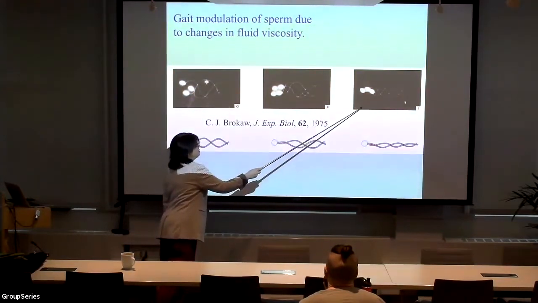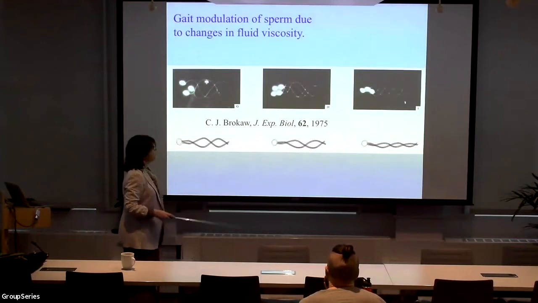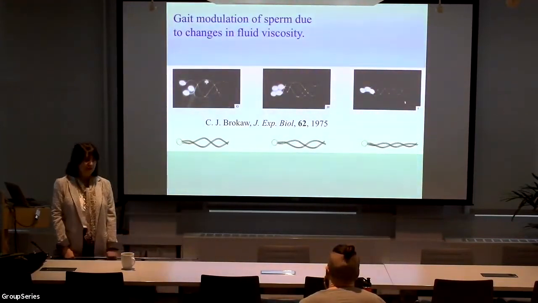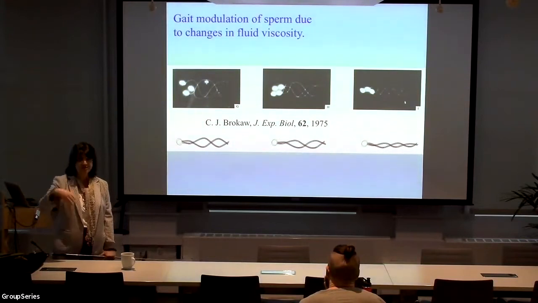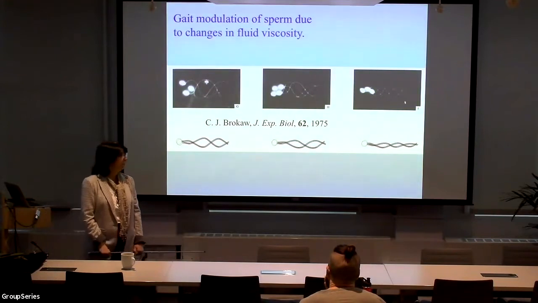Here's the largest viscosity. What you see is the gait modulation. So the waveform that arises from the interaction of these dyneins with the microtubules, given this different external load, is different. The waveform changes, the amplitude goes down, and the wave number goes up.